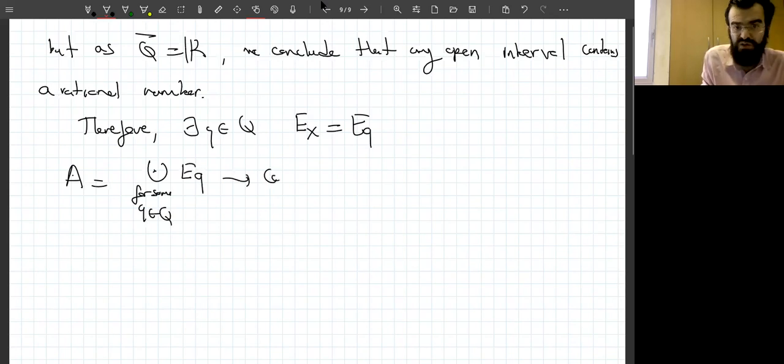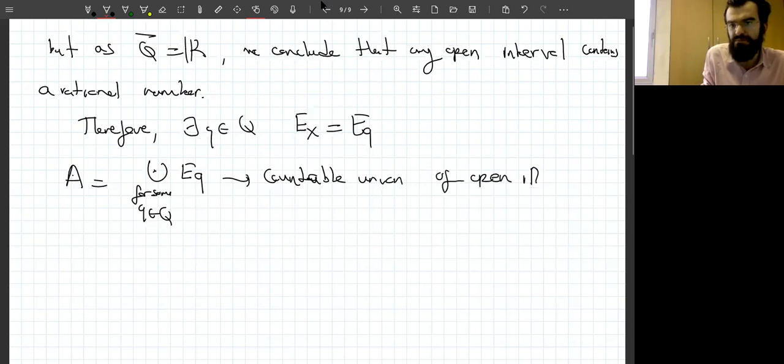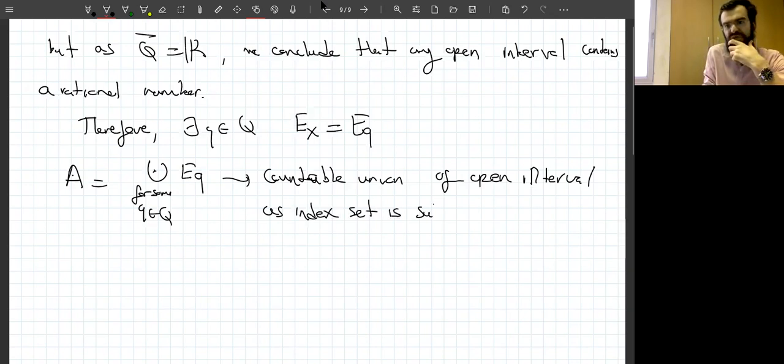This is a countable union of open intervals, as the index set is a subset of Q, and a subset of Q is countable.